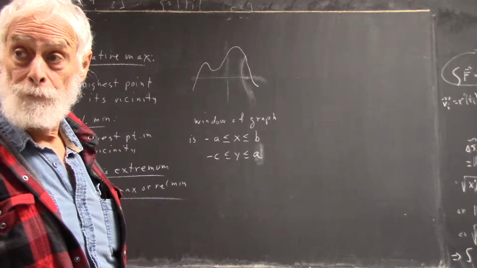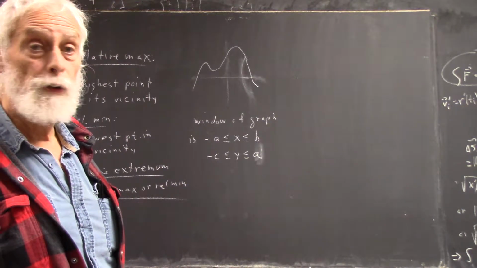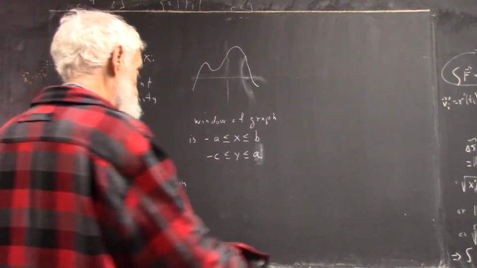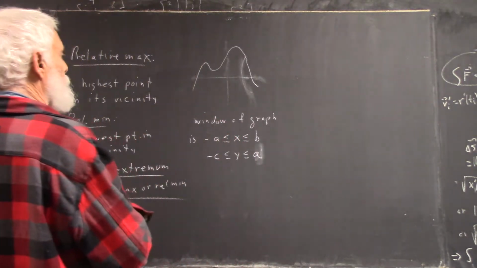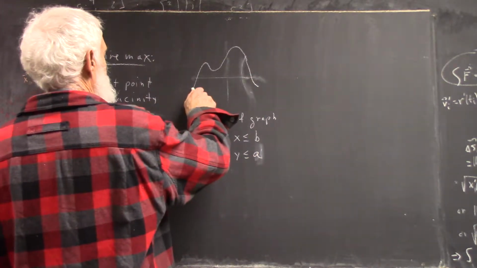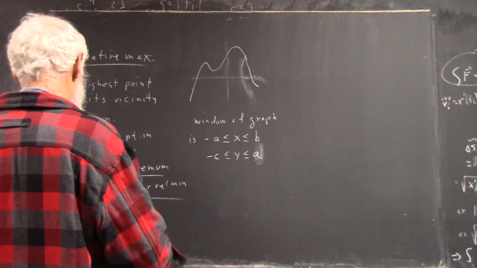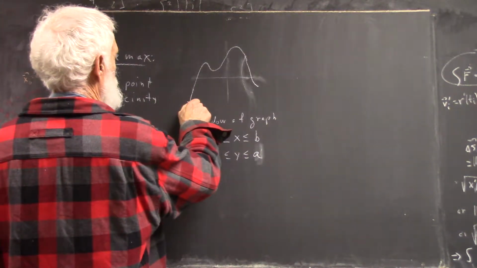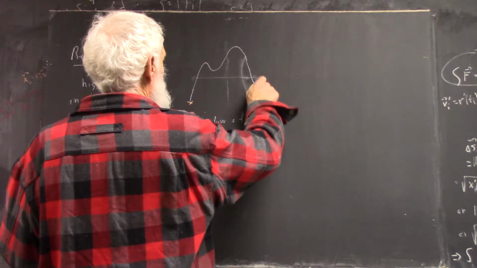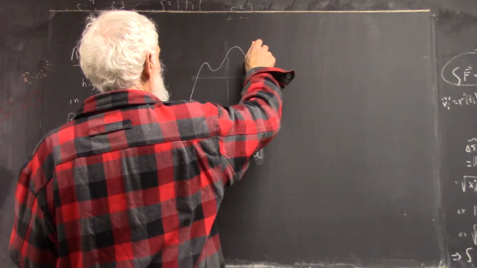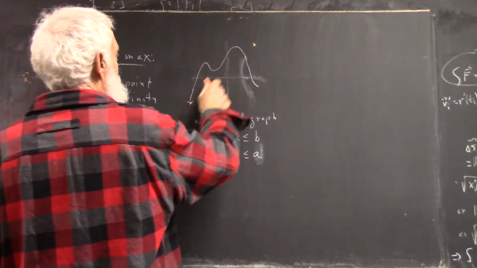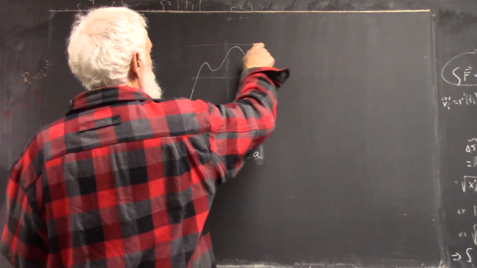Okay? So what do we mean by the window of the graph? Here's the window of the graph. Let's say the graph comes down to here. Now here's the lower left-hand corner of the window. And of course the window has to go high enough to contain all the points. So the graph has to go high enough to be here.